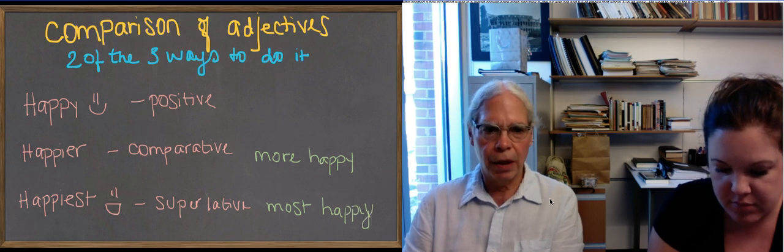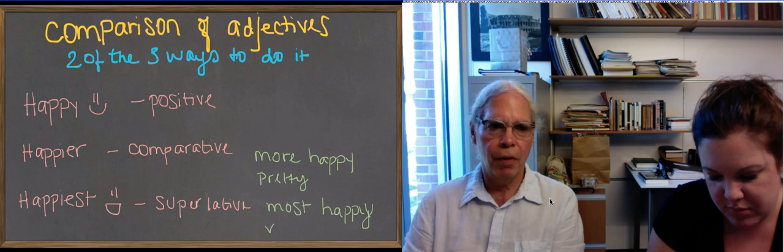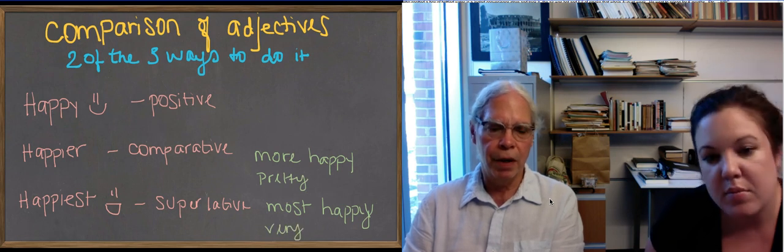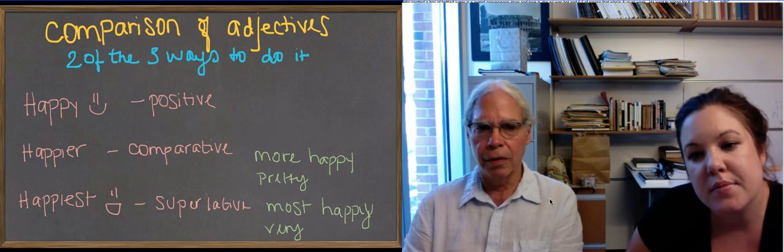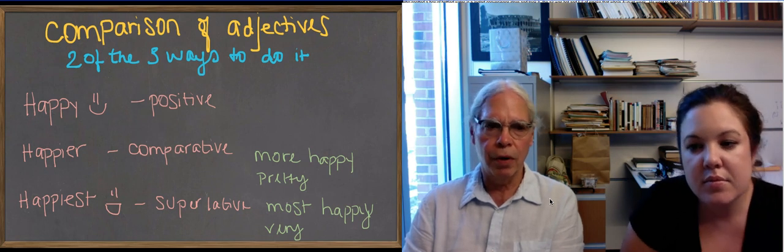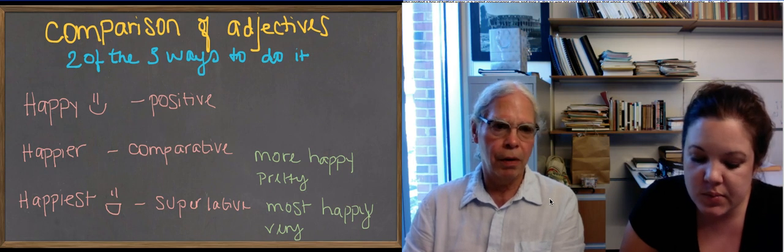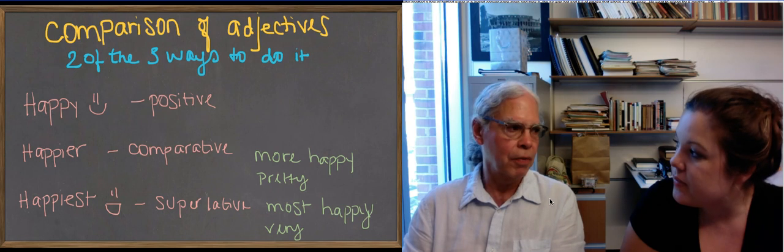You can do it that way, but as well as doing forms with suffixes. Now, the example we've given you of very is one example, and it's typical of the living way of doing comparison of adjectives in English.